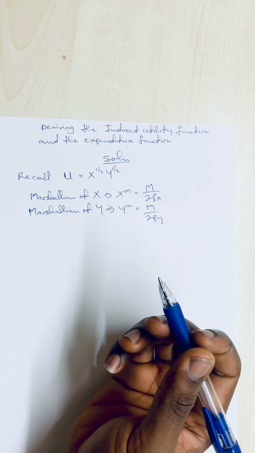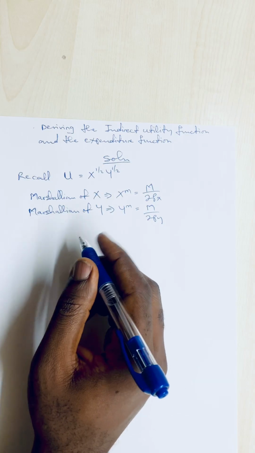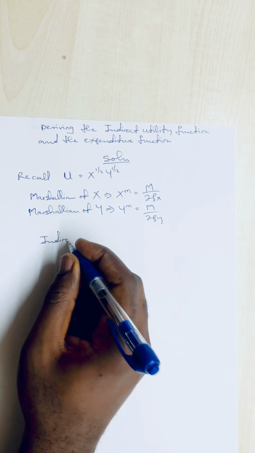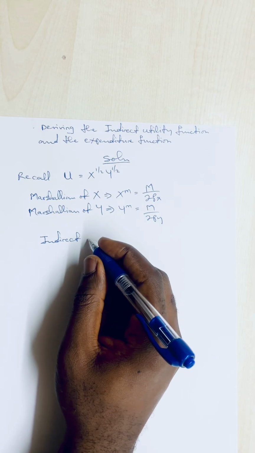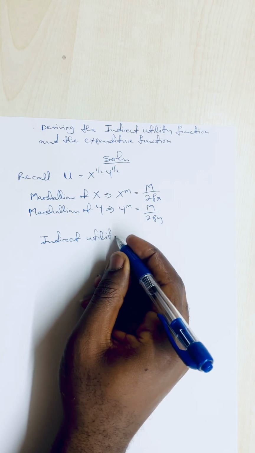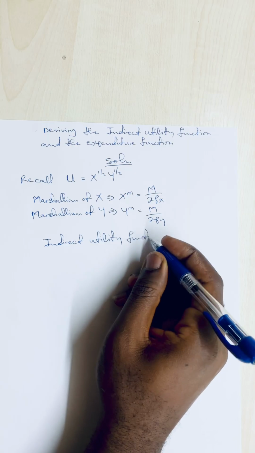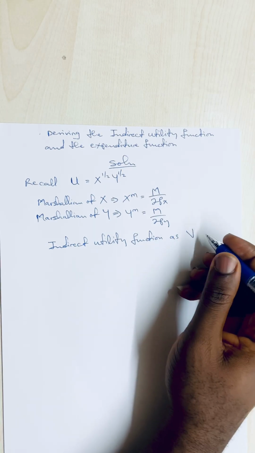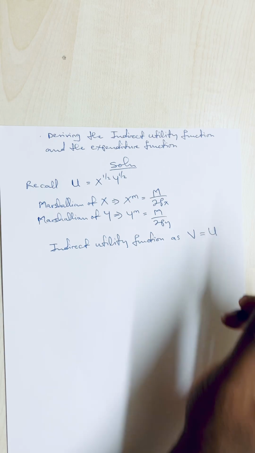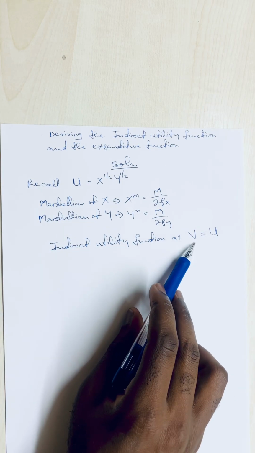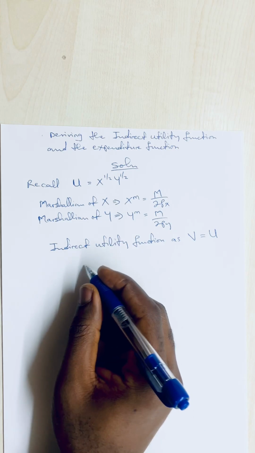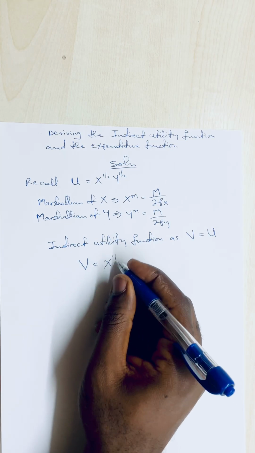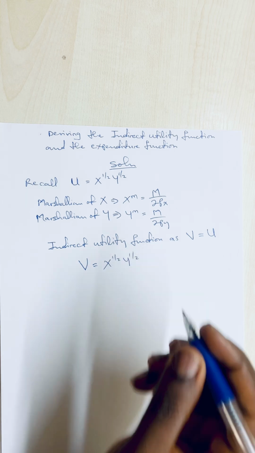For ease of simplicity and clarity, we denote the indirect utility function as V, where V is simply equal to U. So instead of U, we replace it now with V. So this will be V is, of course, X half, Y half.